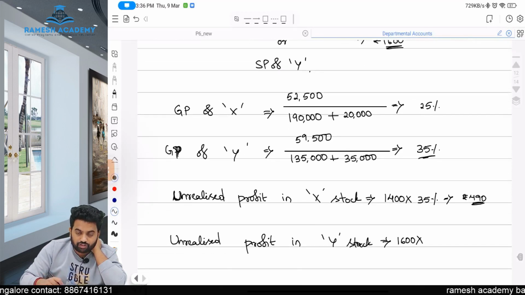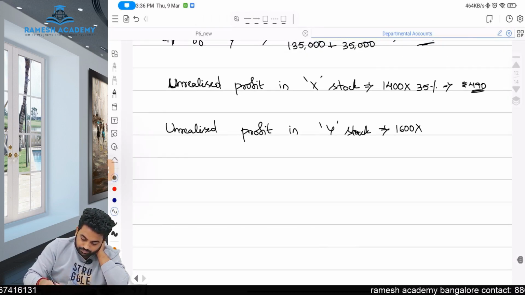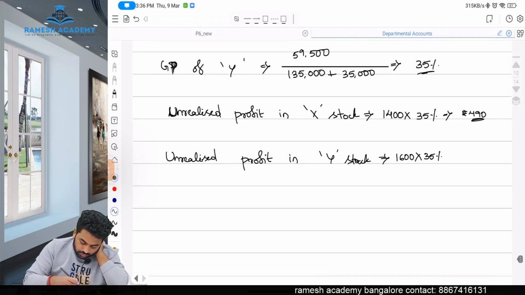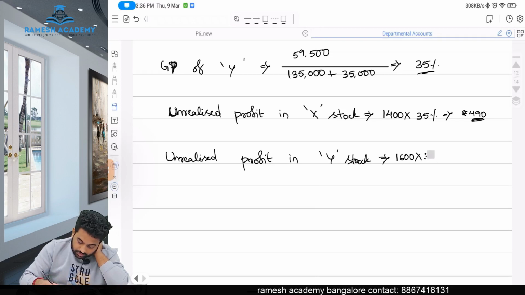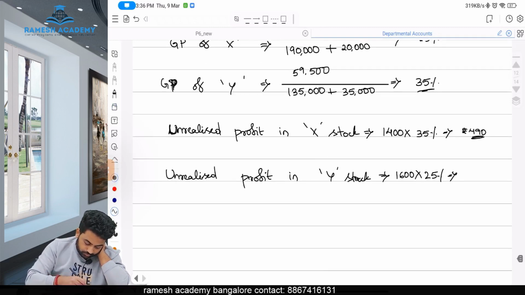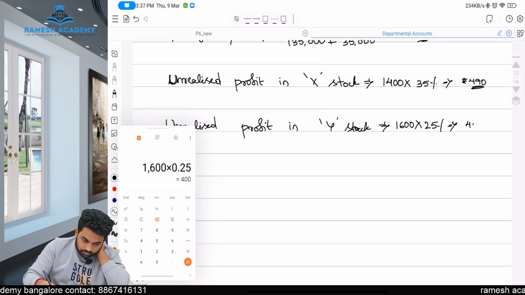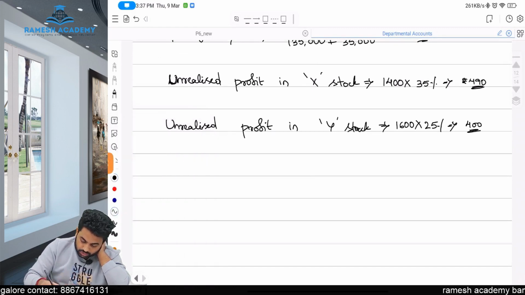X is keeping a profit of 35%. Sorry, for X it is 25%, not 35%. GP ratio is 25%, no? So 400 is the total stock reserve.